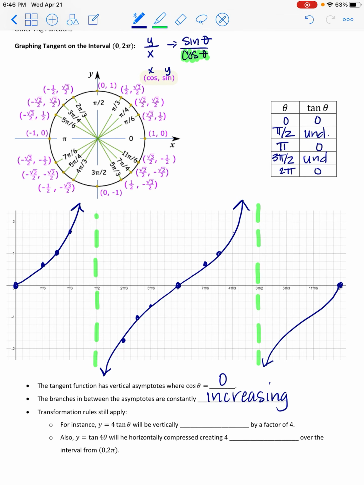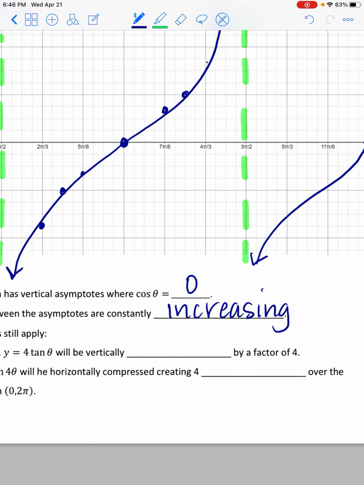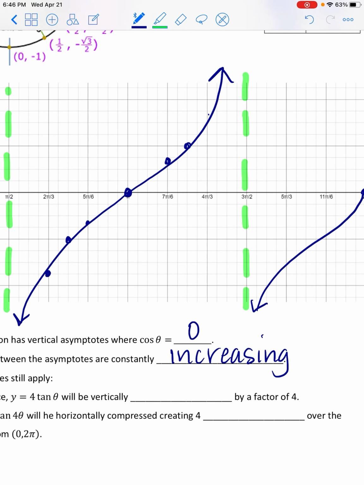So, for instance, if you put 4 in front of the tangent of theta, it's going to be a vertical stretch of the graph. So it's going to be vertically stretched by a factor of 4. Now, with sine and cosine, the vertical stretch directly impacts the amplitude. We don't really have an amplitude with the tangent function. Amplitude applies when we have a max and a min, and that's not happening here because these branches go up and down forever. So it's still a vertical stretch. It just doesn't affect any amplitude. That doesn't apply to this situation.